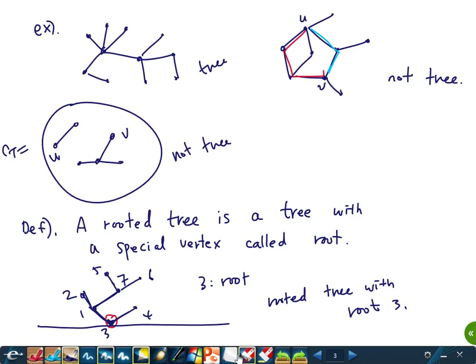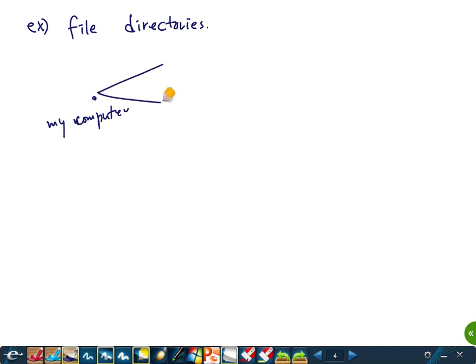The rooted trees are useful in organizing many things. It can be used in a database. So file directory. If you have your computer, you may have something like My Computer. And in your computer, you have like My Documents.